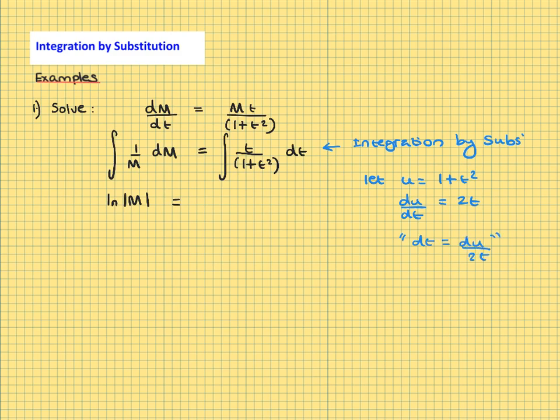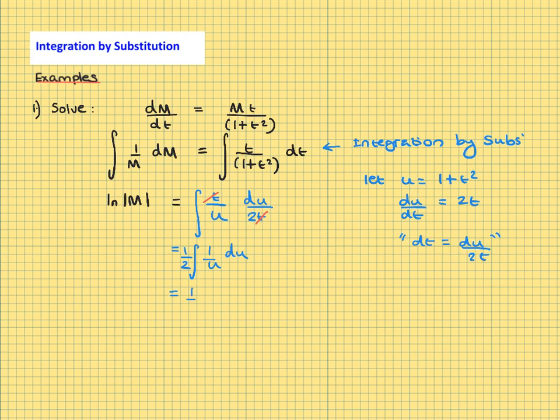Again, meaningless, which is why I put it in the quotation marks, but an allowed simplification for the purposes of A-level maths. So the right-hand side becomes the integral of t over u, and then we have du over 2t, so my t cancels on both sides and I'm left with the integral of 1 over u du and a factor of a half, which I will pull outside.